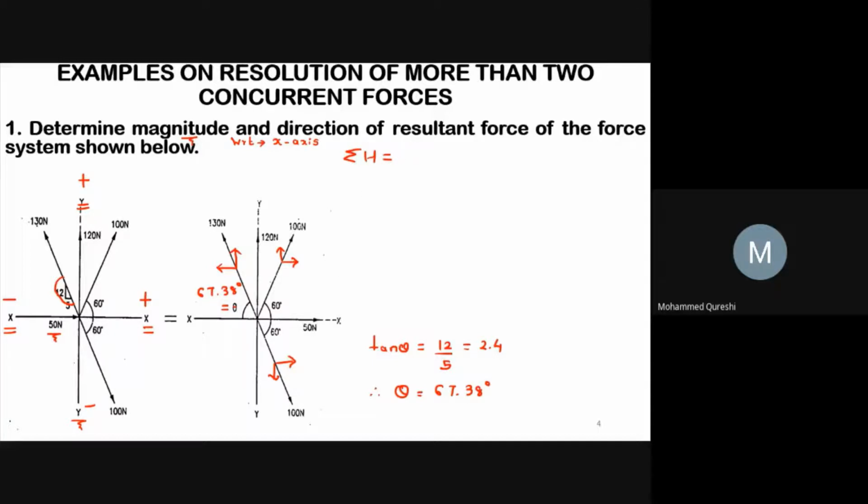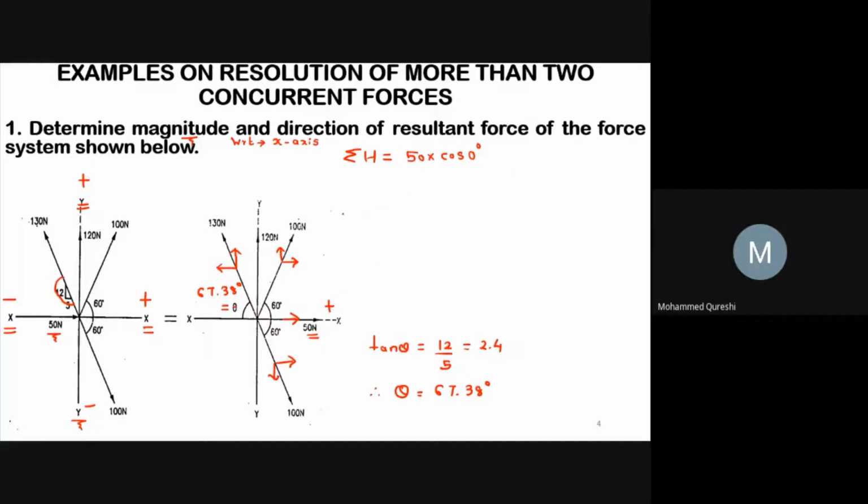So here, firstly 50 Newton. So here 50 into, here your theta will be 0. Sigma h means we have to calculate in terms of horizontal direction, and in horizontal direction it is already 50 Newton on this line of action, so your theta will be 0. So here 50 into cos 0, then direction will be plus, so here 50 cos 0.